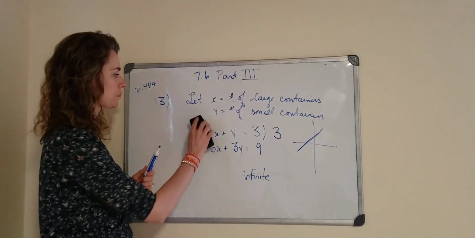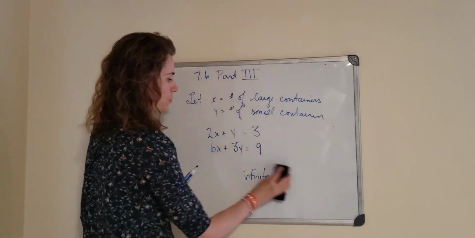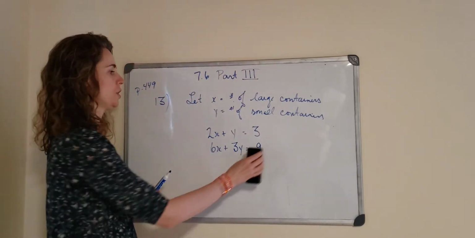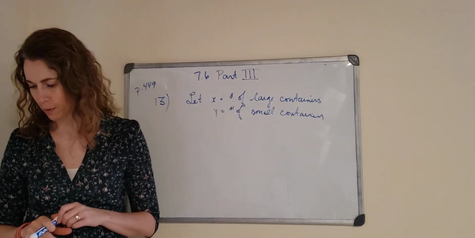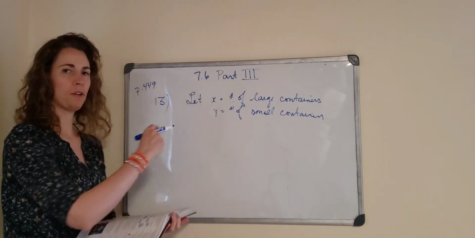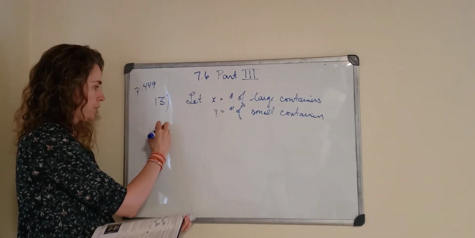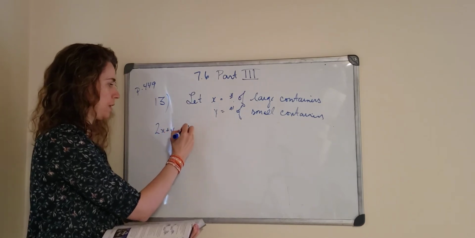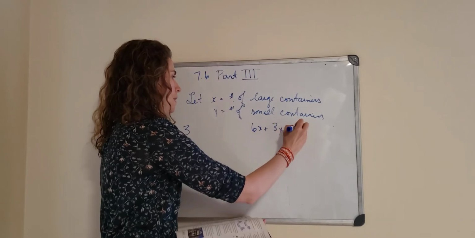Okay, let's go back. The other thing that you could do, if you were not sure, is you would change both of these equations, I'm just going to rewrite them, into your y equals mx plus b form. So I'm just going to rewrite those and we'll do that, okay? If you're like, yeah, I know how to do it, just stop the video. But, so I have 2x plus y equals 3, and then over here I had 6x plus 3y equals 9.